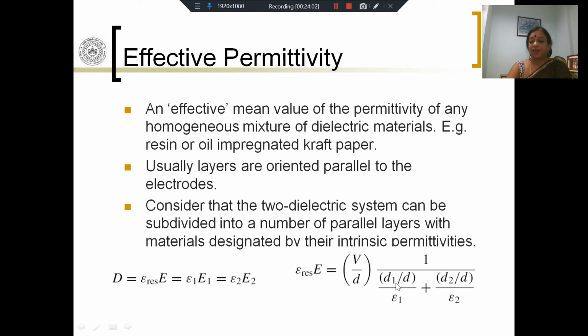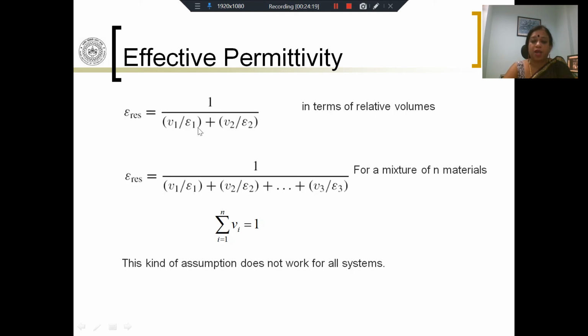Look at this. If you consider these to be parallel layers, then d1 by d is the same ratio as their volumes, because the area of each layer is the same. So d1 by d, which is the fractional distance, will be equal to the fractional volume, and therefore d1 by d can be represented by V1, where V1 is the volume of the first layer divided by the total volume.